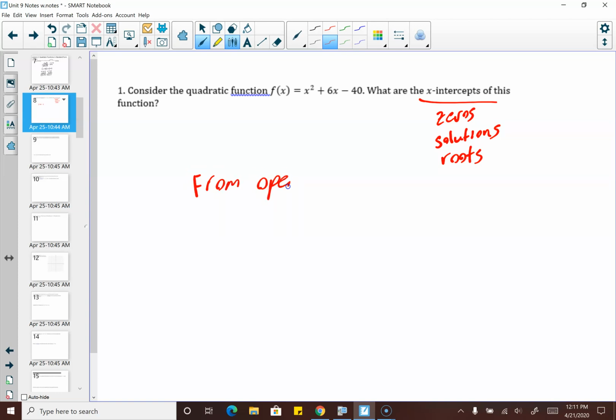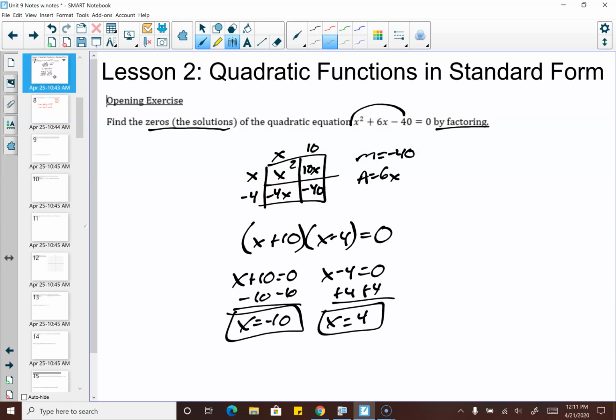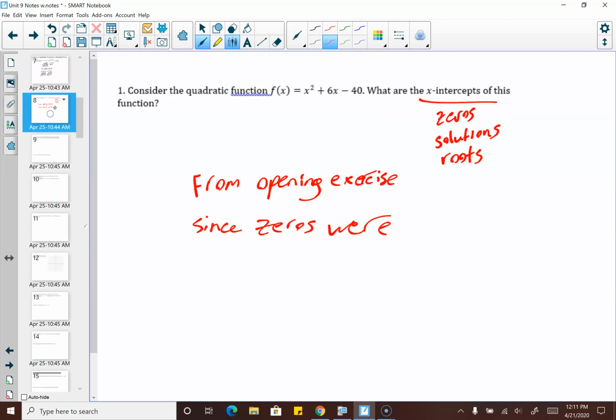So from the opening exercise, since the zeros were, and I believe they were negative 10 and positive 4, since the zeros were x equals negative 10 and x equals positive 4, the x-intercepts are the same thing.